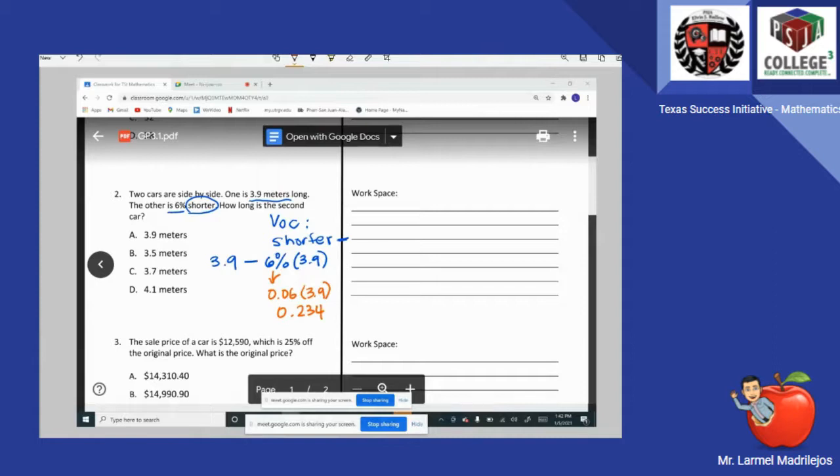I'm going to subtract it from there. 3.9 minus 0.234 equals 3.66 meters. That's the shorter car. We're going to look for the closest answer here. I'm going to look for 3.7. Okay. Next question, number 3.